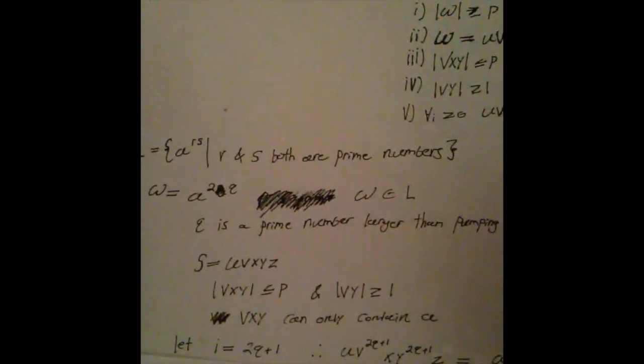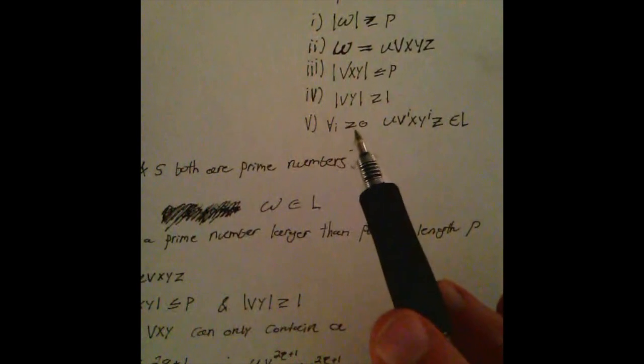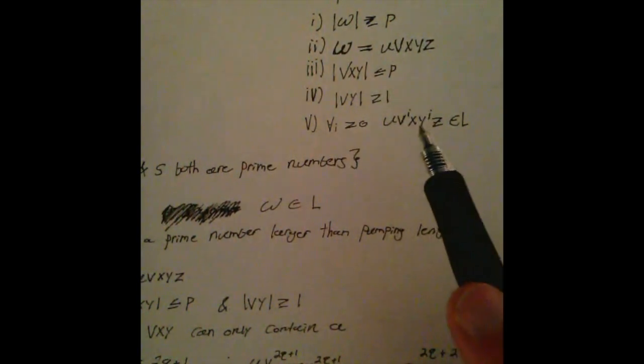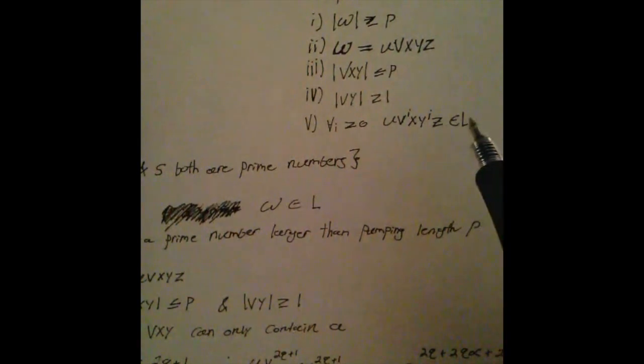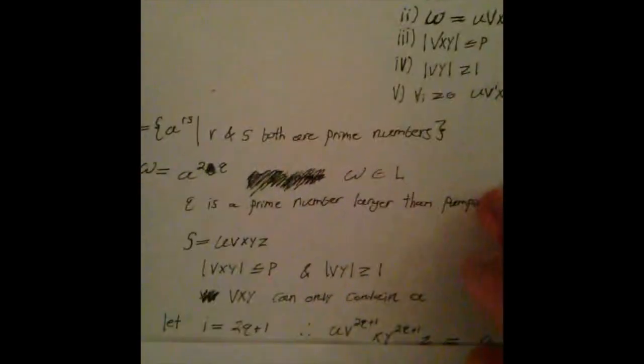And then the important part is we're going to utilize postulate 5, where for all i greater than or equal to 0, u, v^i, x, y^i, z is an element of the language, so any positive integer or 0 can occupy this value of i, and this needs to hold true.